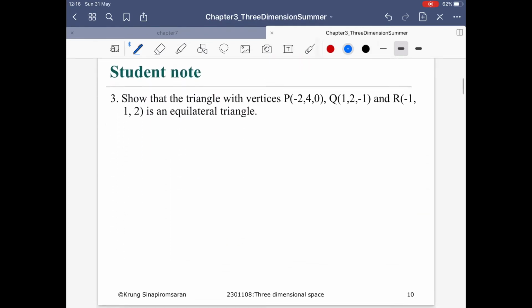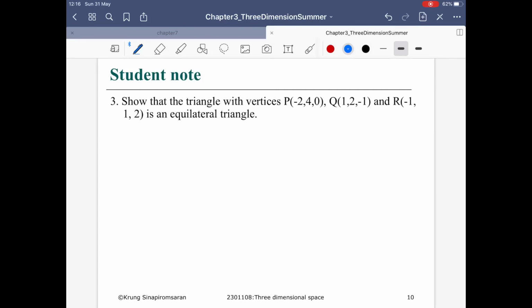Now if you need to know whether the triangle with these 3 points is equilateral or not, because you got 3 points, you can find the distance between PQ, you can find the distance between PR, and of course the distance between Q and R. And then what you are going to do is to check whether they are all equal or not.